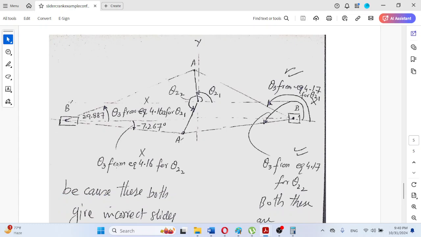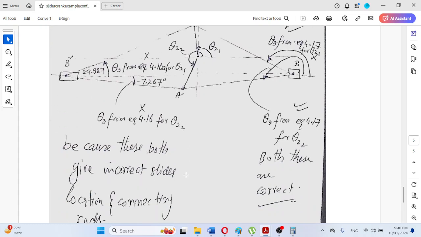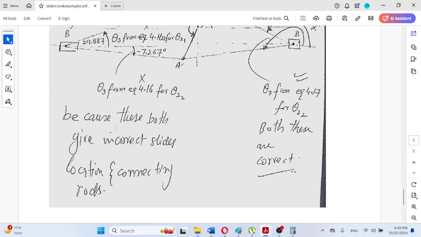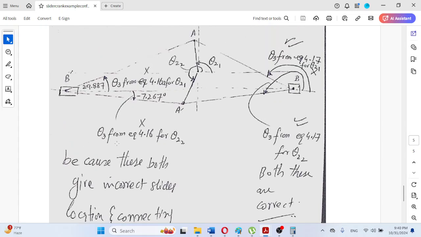So this is the theta 3 value calculated from equation 4.16 for theta 2 2. Because these both give incorrect slider locations and connecting rod locations, these are not acceptable.